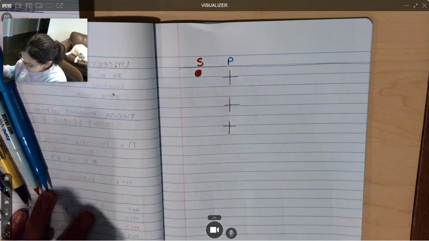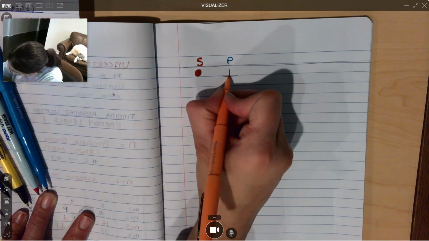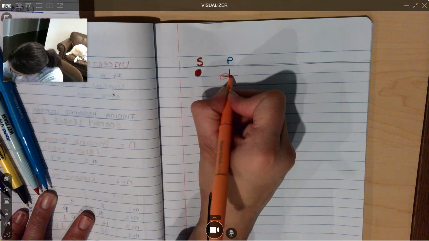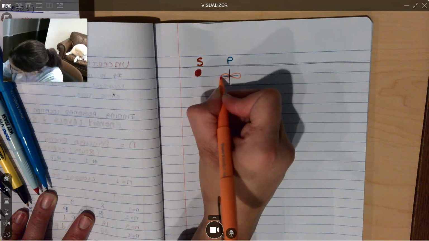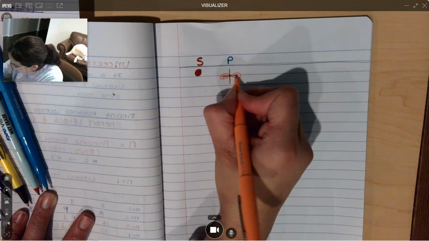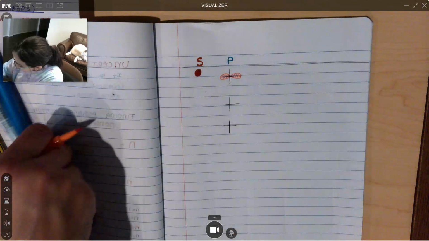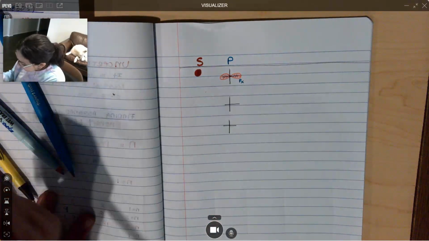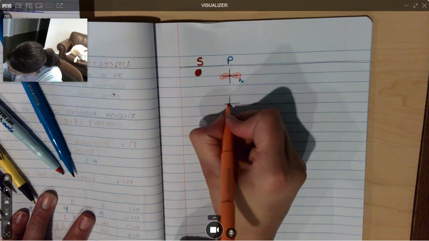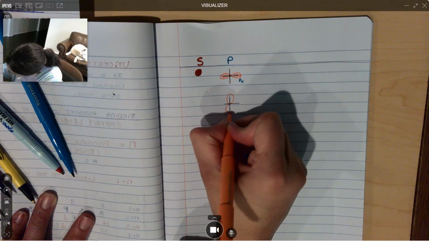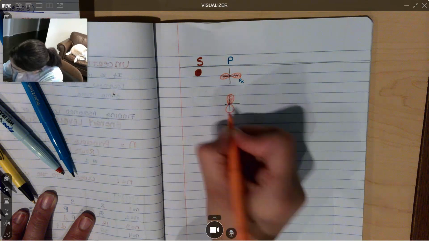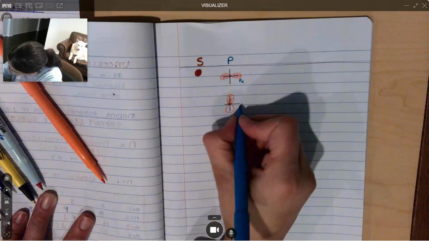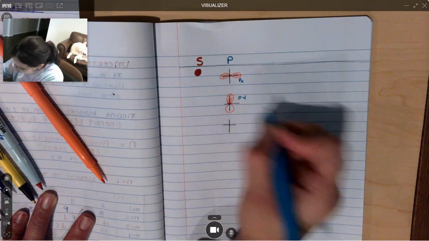And now we're going to draw the shapes. The first orbital is on the x-axis, and this is called px. The second orbital is on my y-axis, and this is called py.